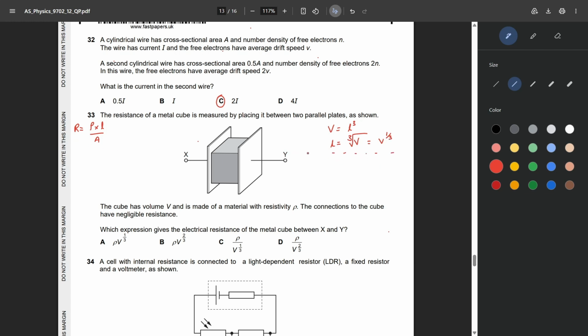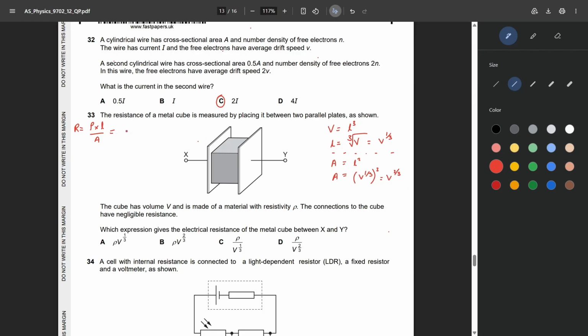We now also need the area in terms of V, right? So area is length squared. Length written in terms of volume is V to the power of 1/3. So area will be V to the power of 1/3 whole squared, which is V to the power of 2/3.